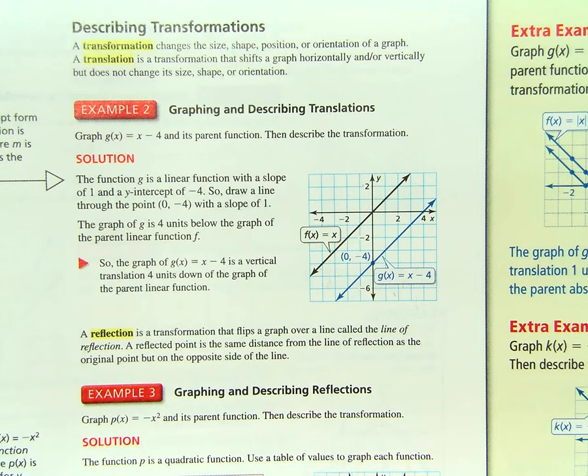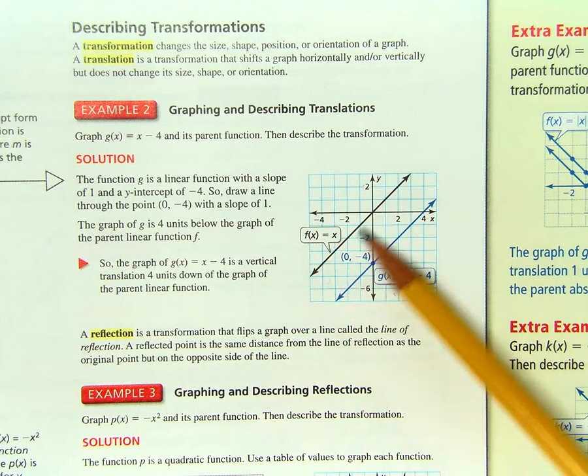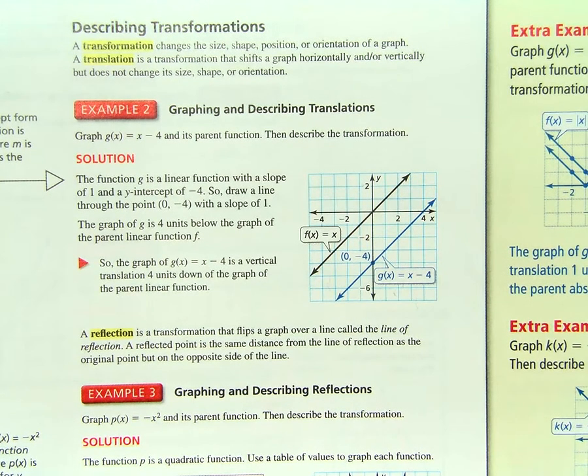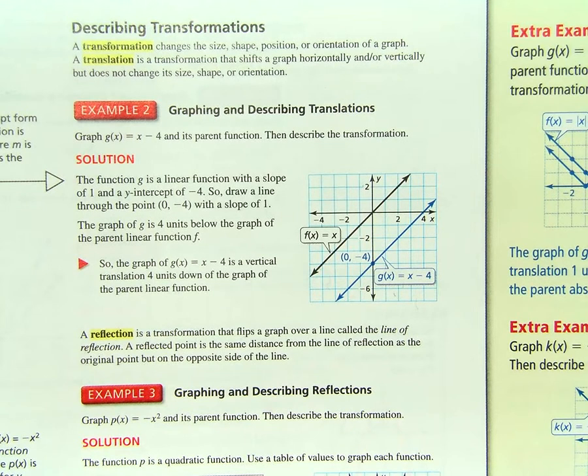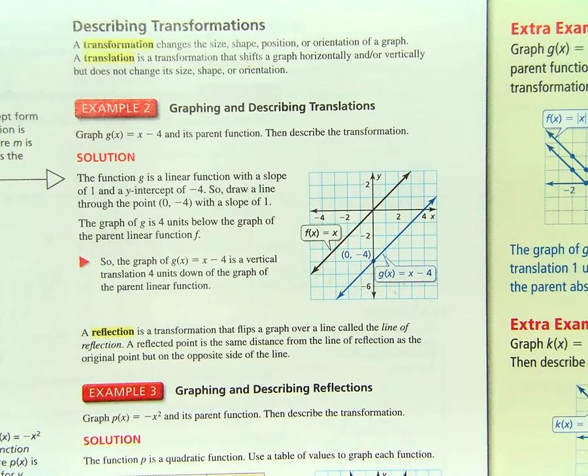Fair enough? Okay. So if this is my parent function, how does the blue line relate or compare to my parent function? It's lower. Okay? Now, is there a correct math word for that, or is it perfectly fine to say it's lower?